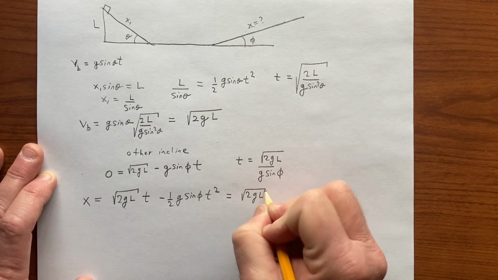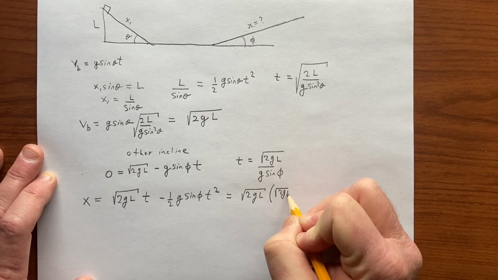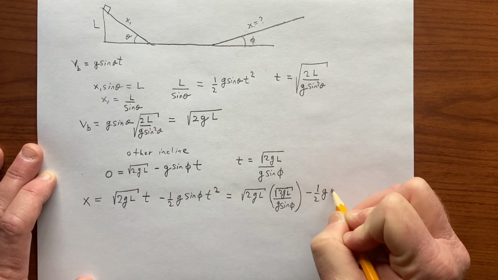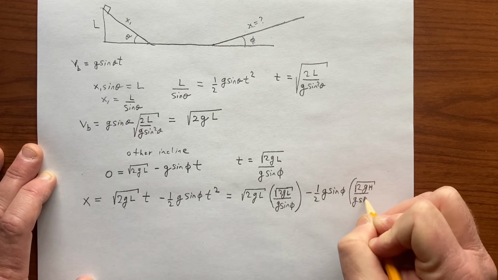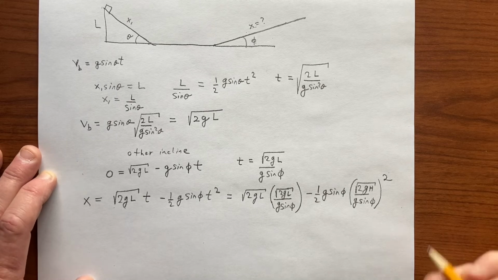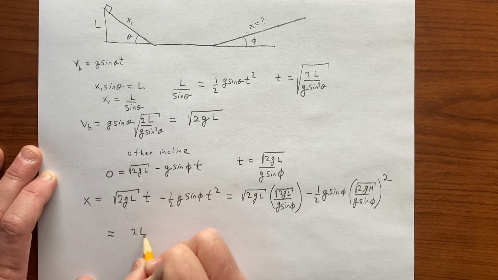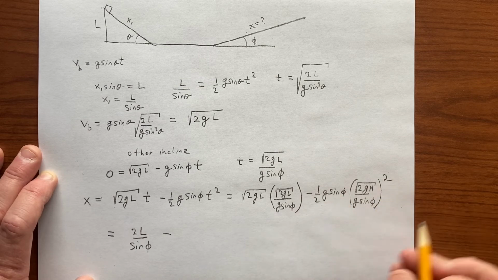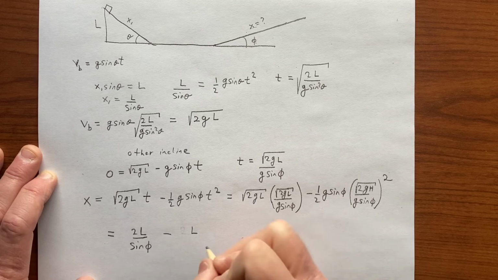So we have the square root of 2gL times the square root of 2gL over g sine of phi, minus 1/2 g sine of phi times 2gL over g sine phi squared, which gives us, here we have 2L over the sine of phi minus, let's see, we're squaring this, these cancel, we end up with the 2's cancel, so we have L over sine of phi.